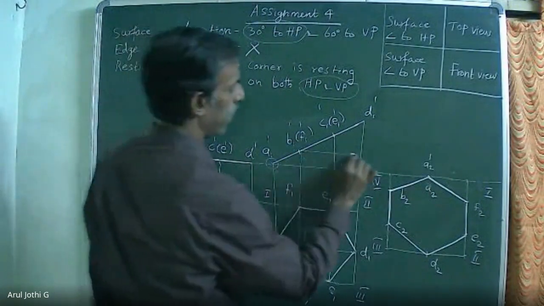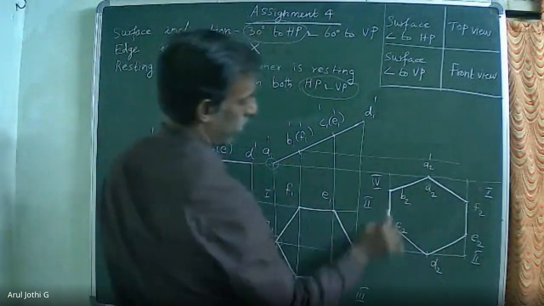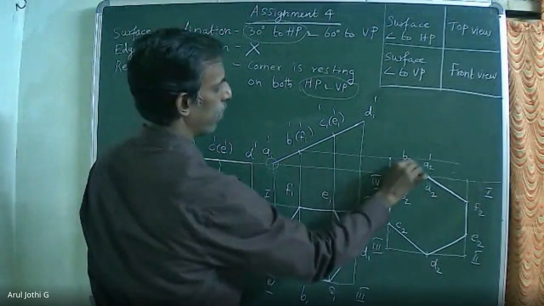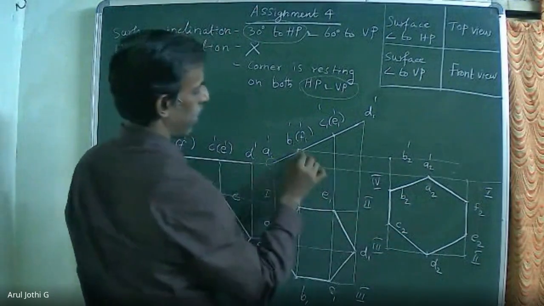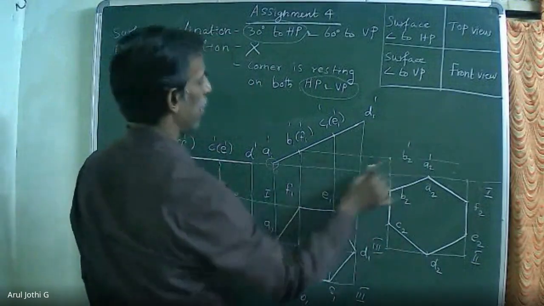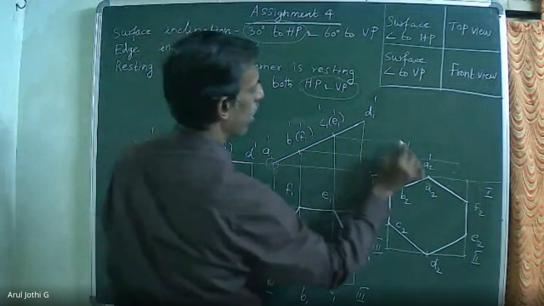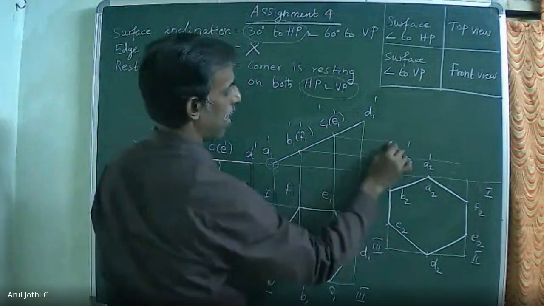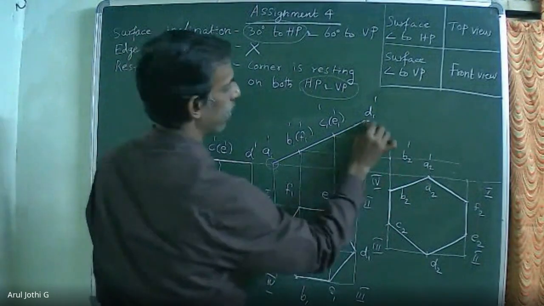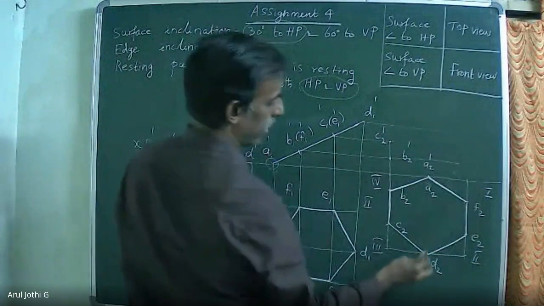Then project B. So B is here. This will be B2 dash. Then project C2. Then project D2.